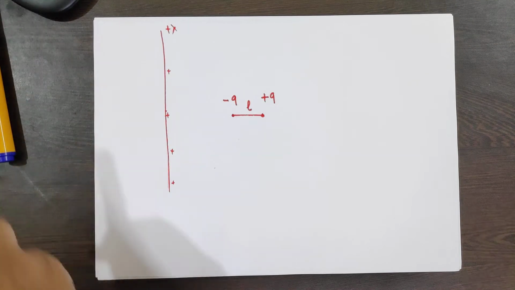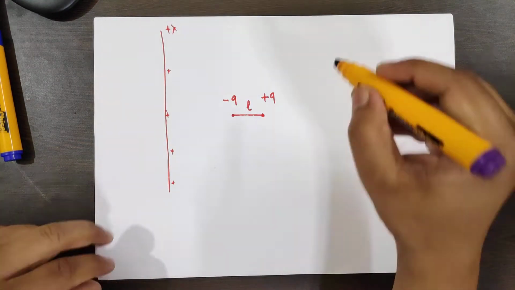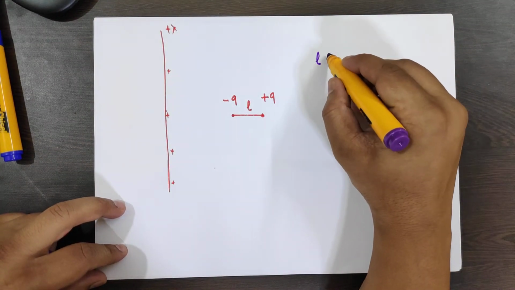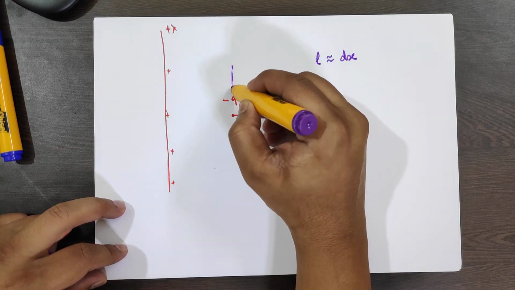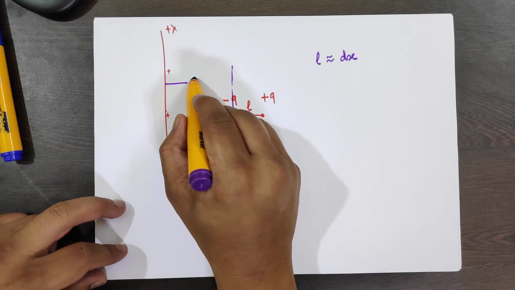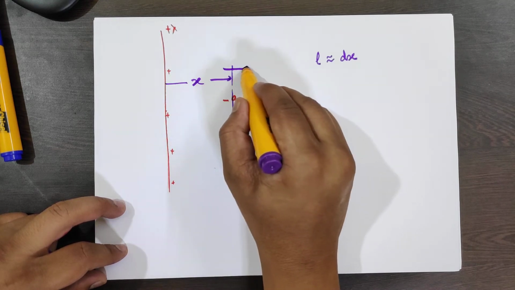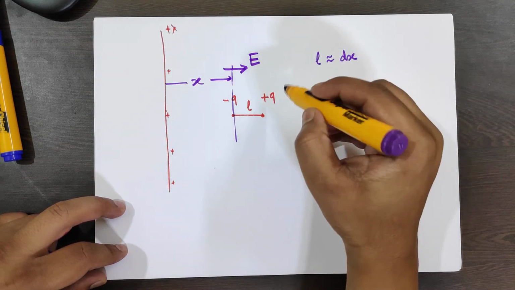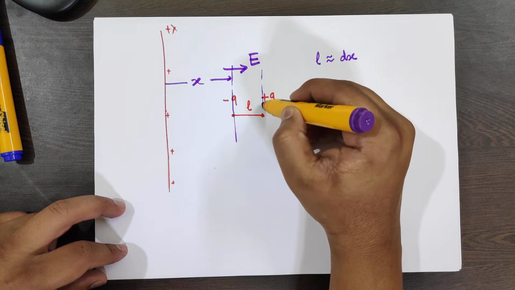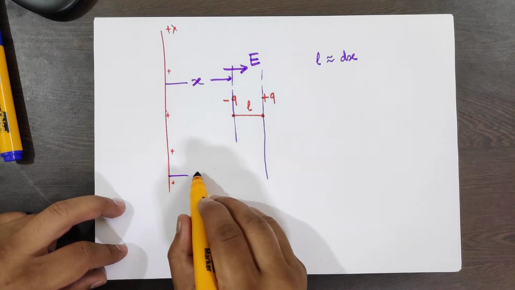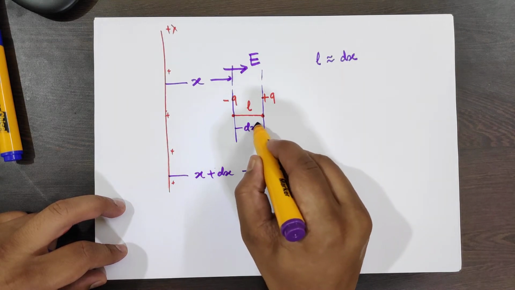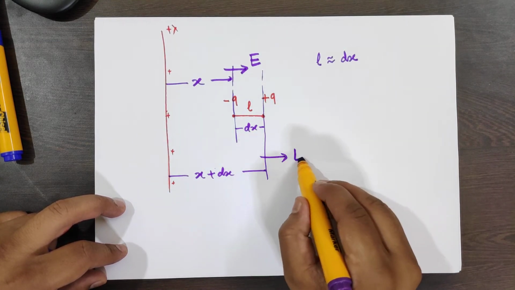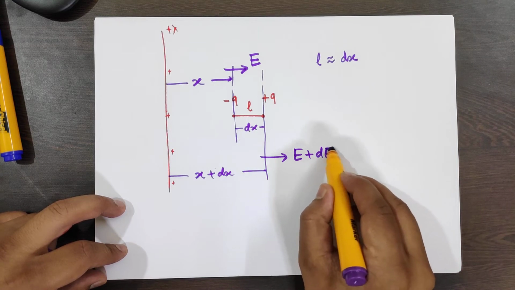So here what we can do is that this L is so small, I can consider it dx, and this I can call x, and at x the field is E. If this length is dx, then at x plus dx the field can be taken as E plus dE.